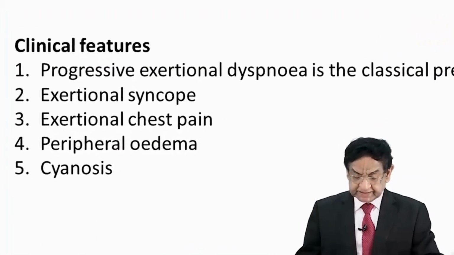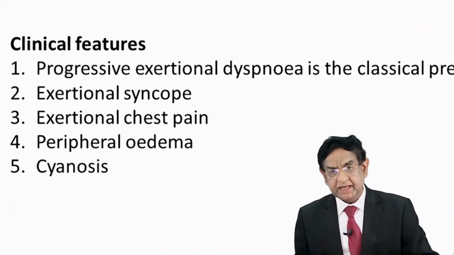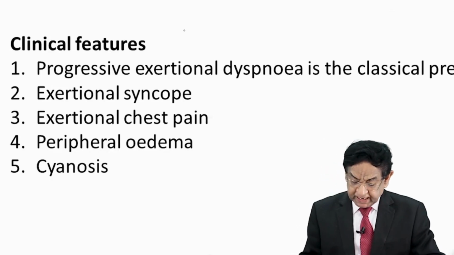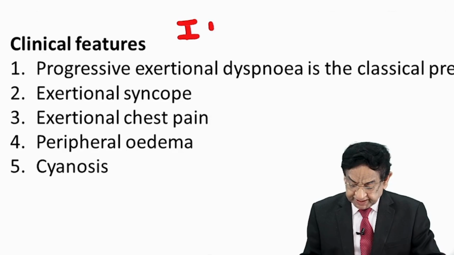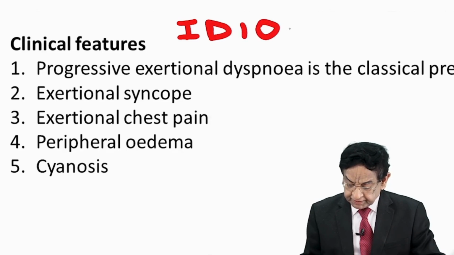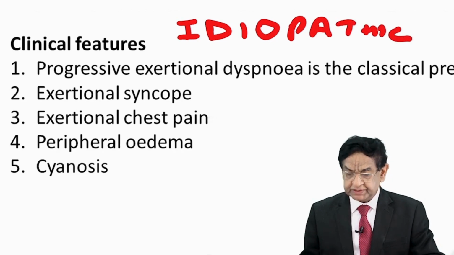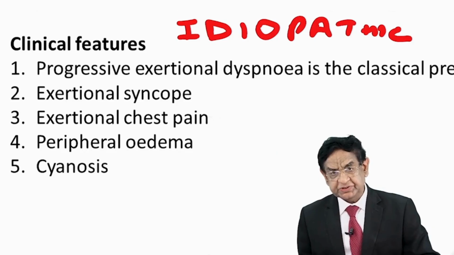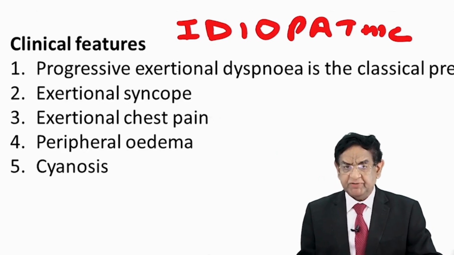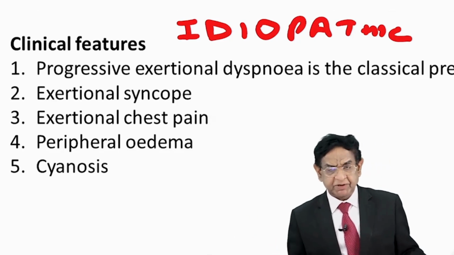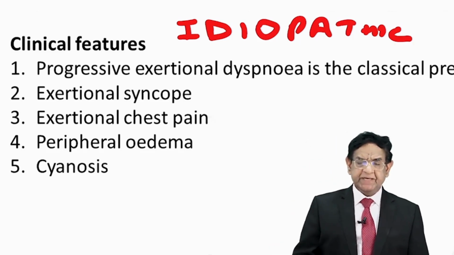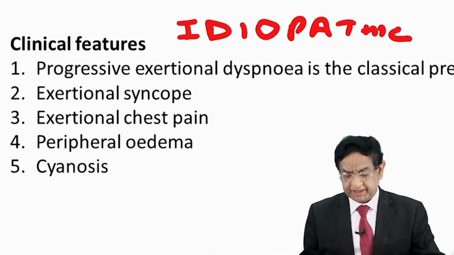Well, now when I say anything about PAH, I'm talking about the idiopathic variety, which we know is seen in young ladies without any secondary cause. So unless I say a particular disease, if I say PAH, I'm talking about the idiopathic variety.